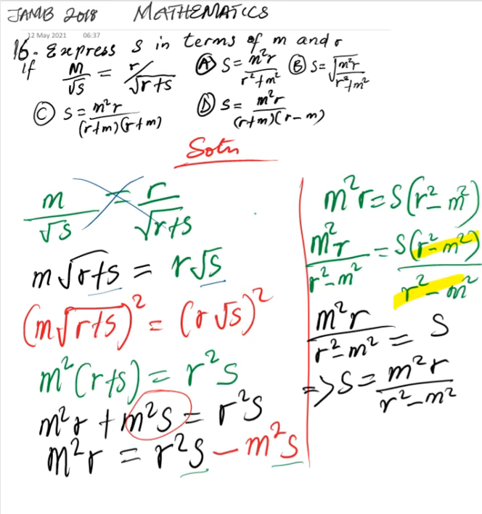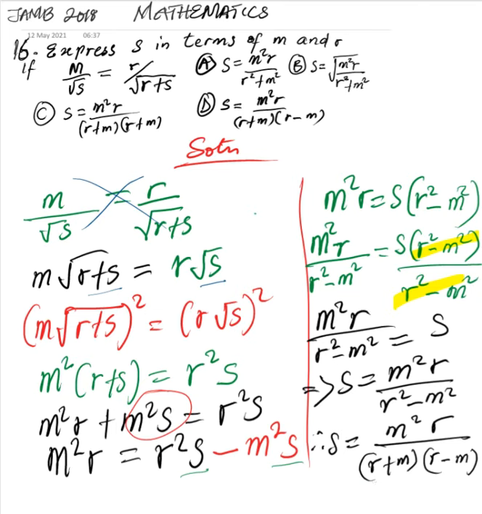All right, by difference of two squares, we can have it as S is equal to M squared R over the difference of two squares. Now we have R plus M, R minus M. If we expand this expression, we are still going to arrive at this.